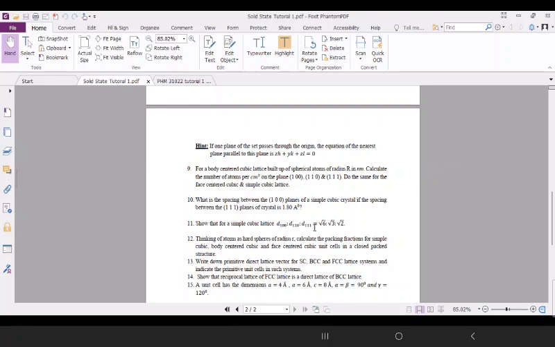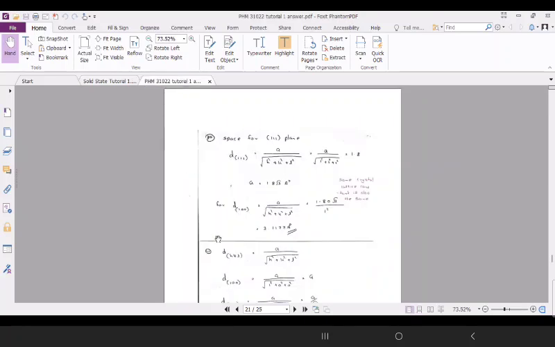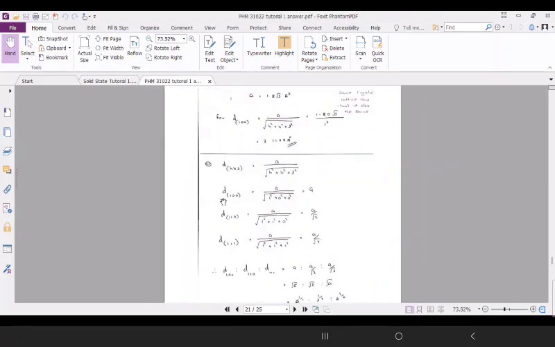You have to do the simple calculation using the interplanar spacing equation and you can get the comparison between those three planes. So we will do that calculation and get the comparison. You have to get the basic equation here.